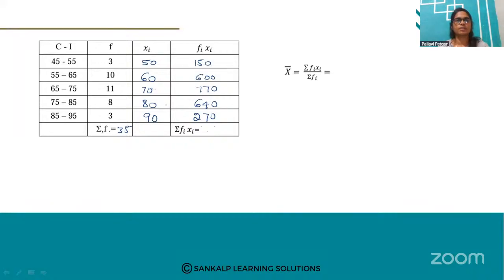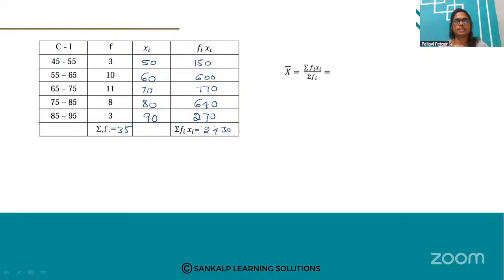So here 150 plus 600 plus 770 plus 640 plus 270 is equal to 2430.